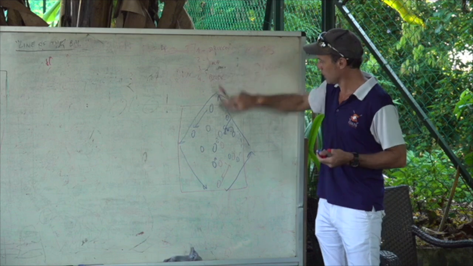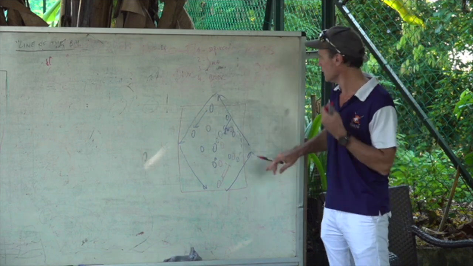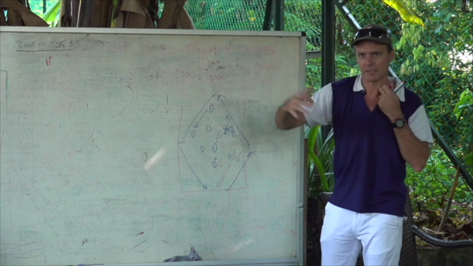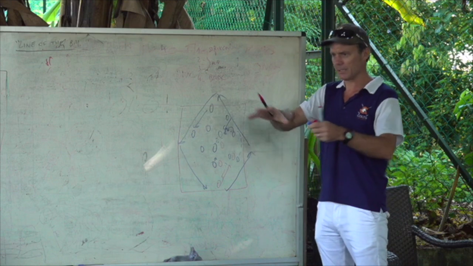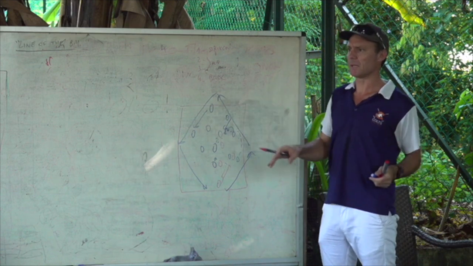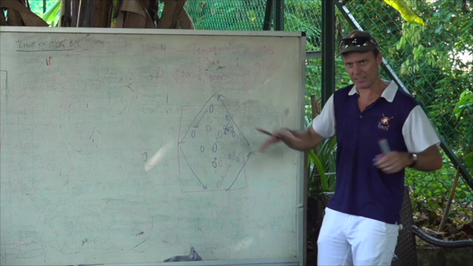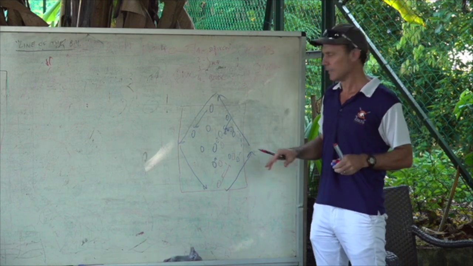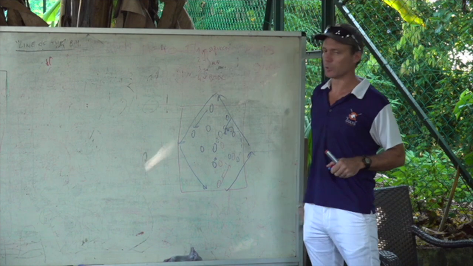These two normally work tirelessly in the middle of the field, just getting to and from. The number 2 is normally a bit more attacking, but he's the workhorse. Number 3 is a bit like the number 10 in football. He's a playmaker generally. But these two guys hustle and tussle in the middle of the field, and then they support the number 4, and then they pass the ball to the number 1.